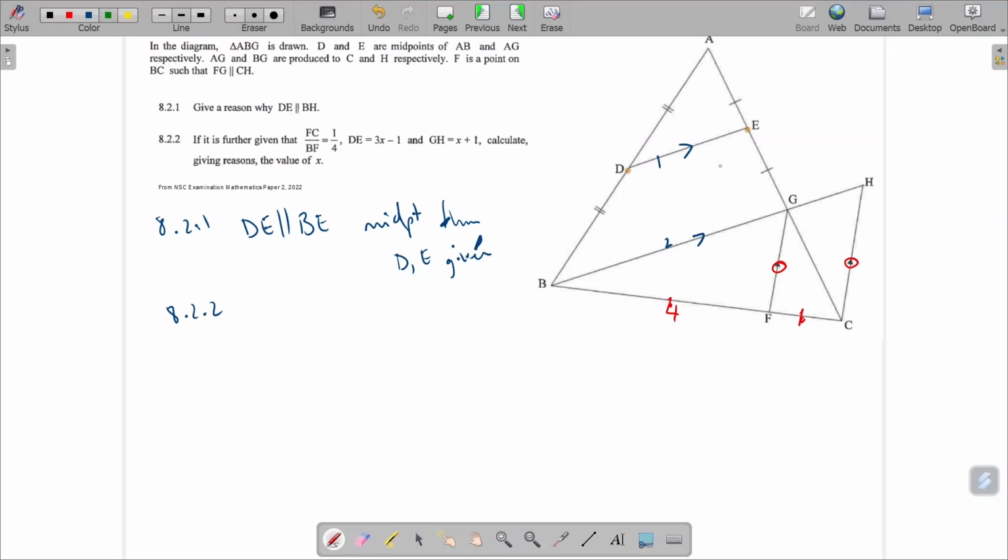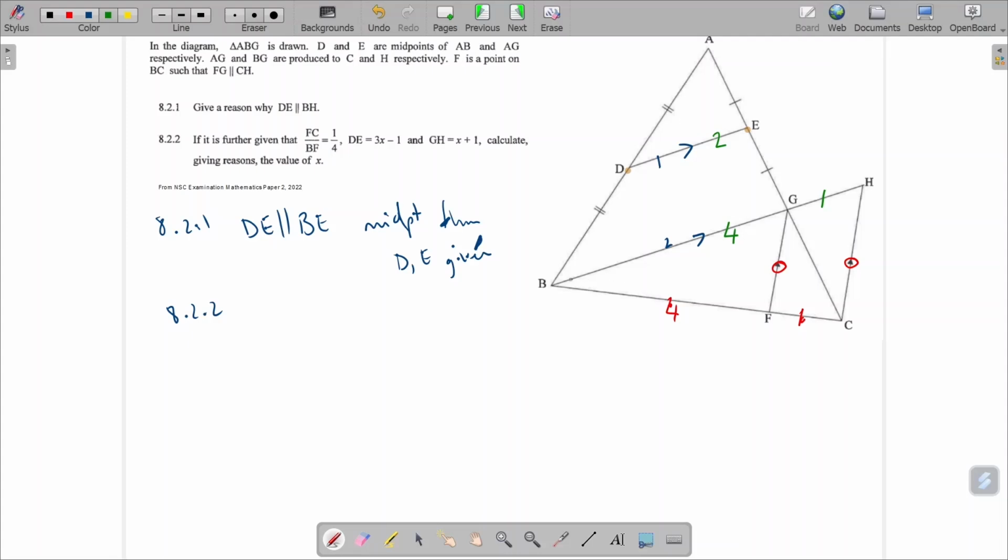And so we know that therefore GH is in proportion to BG in proportion of 1:4 because of the lines being parallel. Because of what we just discussed from the midpoint theorem, we know that if this is the length 4, that DE will be half the length of BG.